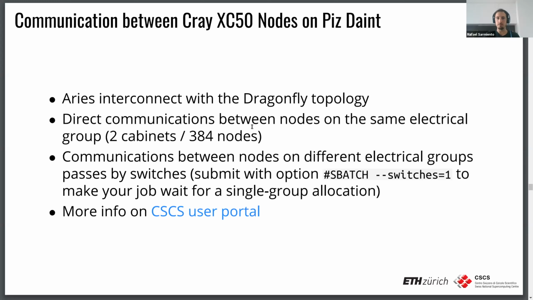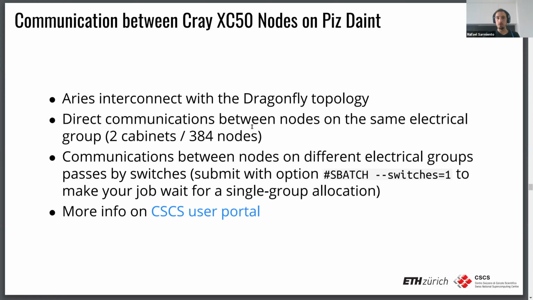The connection between the nodes is divided into something called electrical groups. An electrical group is 2 cabinets that has 384 nodes. And within an electrical group, all the communication is direct. Every node is connected to every node. There is no hardware in between except the 2 nodes.